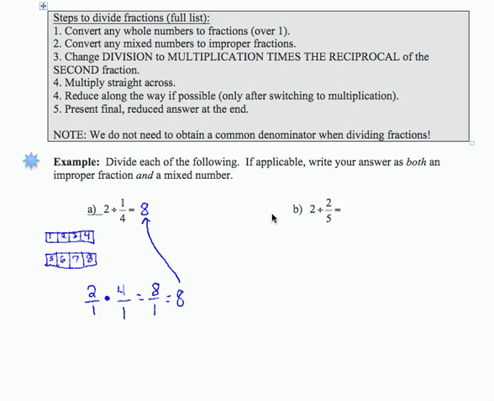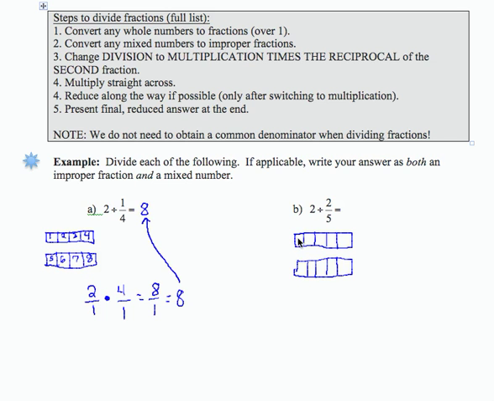Let's see how that works in the second example. I have 2 divided by 2/5, so I'm going to take my same whole, also kind of a crooked whole, 1, 2, 3, 4. I'm going to divide it into 5 pieces, so I'm going to duplicate that here, 1, 2, 4, and I want to know how many 2/5 are in 2.